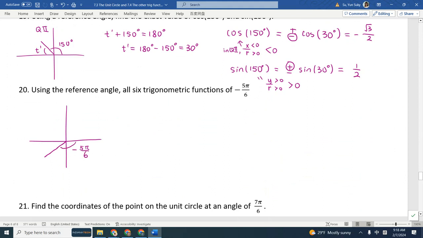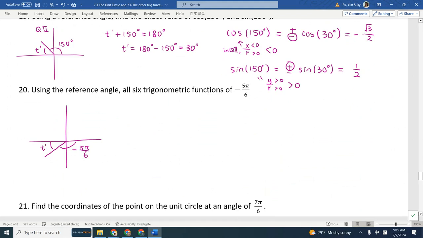Is that okay, everybody? The negative is because this is clockwise. But if you just look at the measure of this angle, it's an obtuse angle, and it's 5 pi over 6, if we don't want to count the direction. And how about this angle? This is the reference angle, T prime.